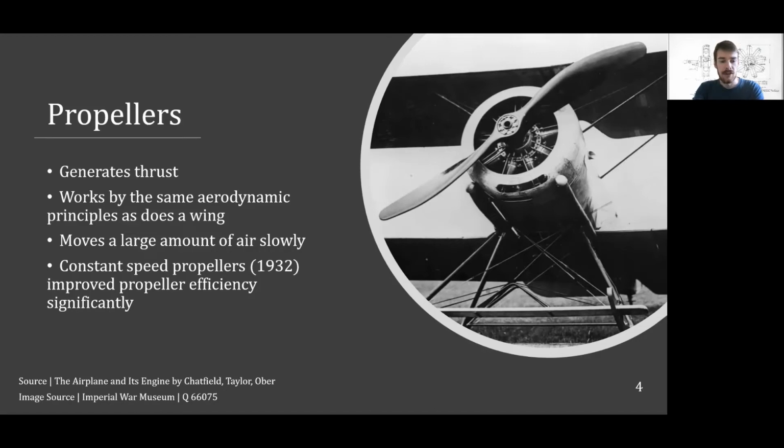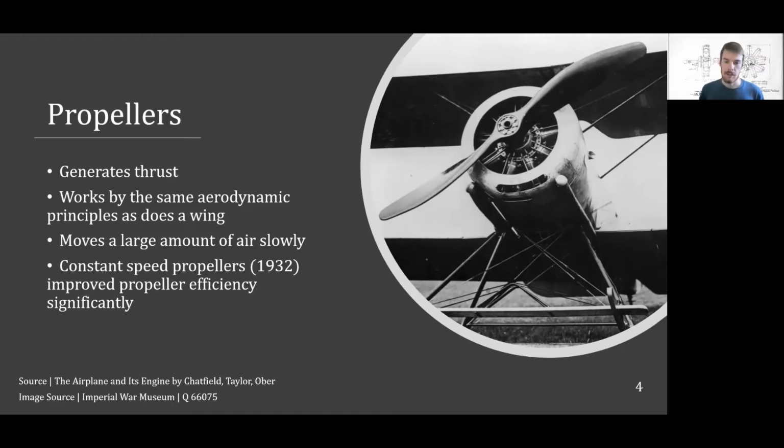And it works by the same aerodynamic principles as a wing. Due to the shape of the blade, it creates a pressure distribution, the net force of which acts forward, which is thrust. You can just think about it as a sideways wing, as a very simplification.